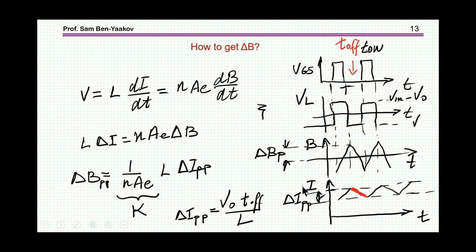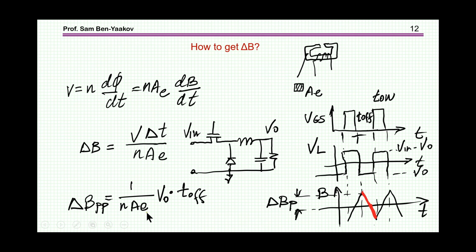Now, there's another way to go around, and some vendors are actually going this way, and that is to relate the equation that I've written before to V = L di/dt, and this Ampere's law, and then looking at the two sides, you come up with this equation. In this case, delta B is a function of the same area and number of turns, but then you have here the inductance and delta I peak to peak.